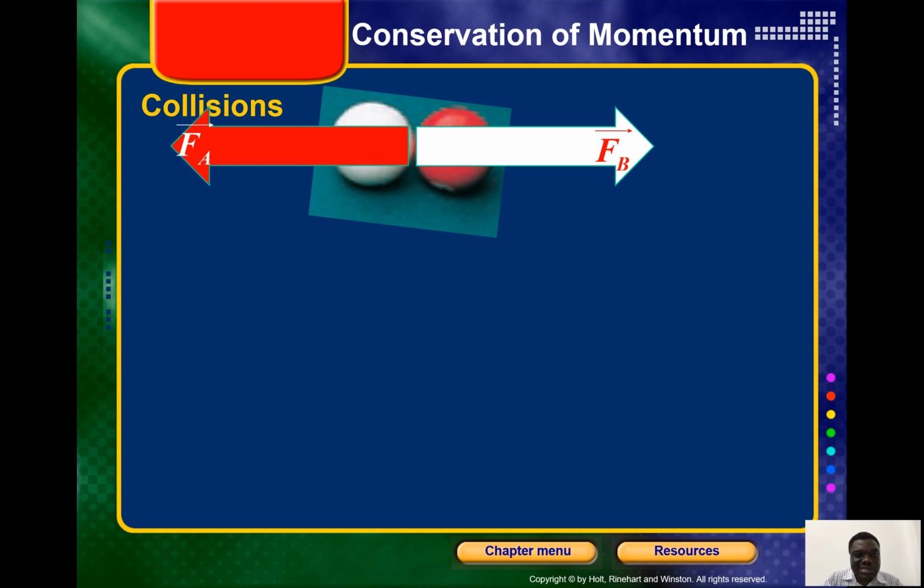According to Newton's third law, these two forces will be equal in magnitude but opposite in direction. What does that mean? It means that FA should be negative FB, because they are opposite in direction.